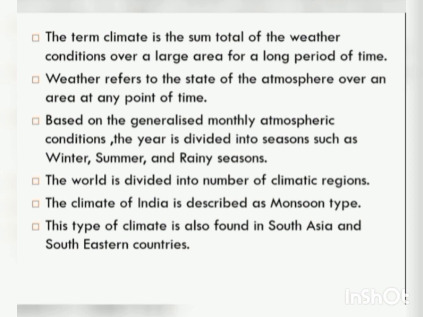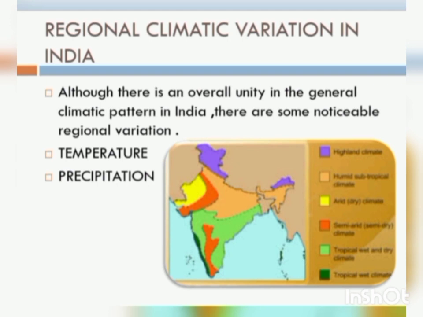The world is divided into a number of climatic regions. The climate of India is described as monsoon type. This type of climate is also found in South Asia. Now, let's see what is regional climatic variation.